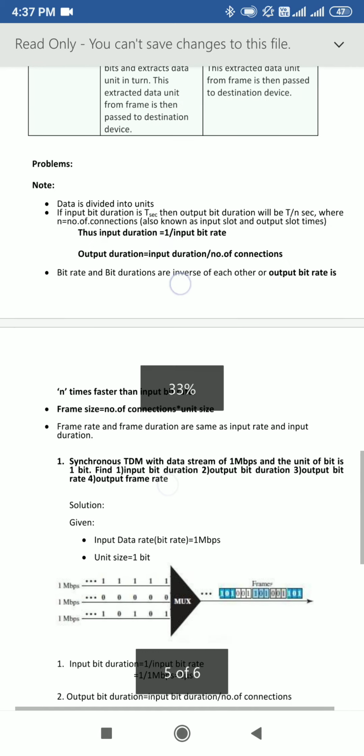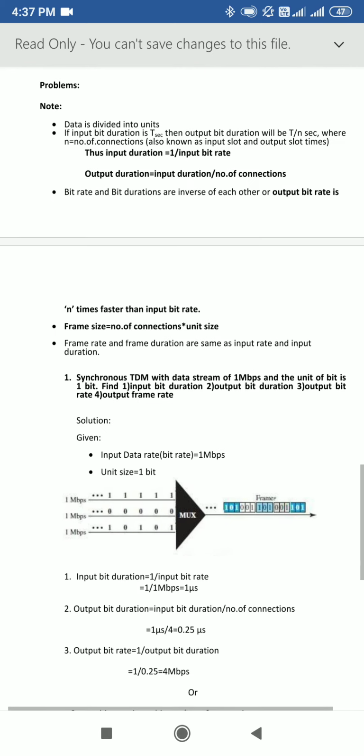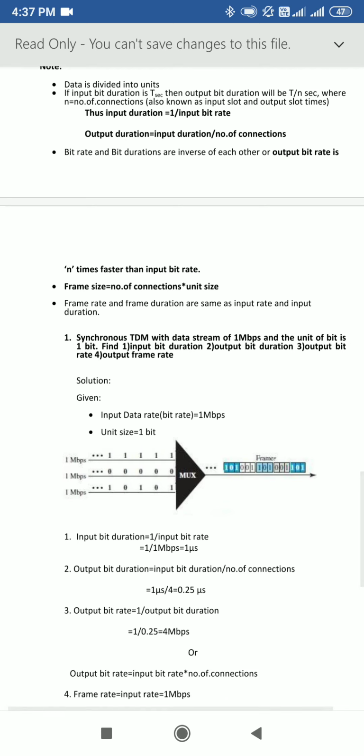You can now see the problems related to TDM. Before going through the problems, refer to this note. The data is not sent over the transmission medium as it is. The data is divided into smaller data units.